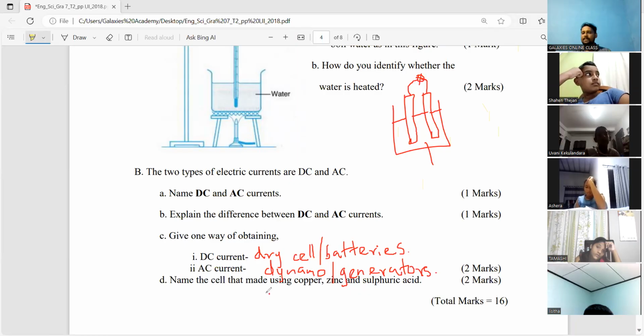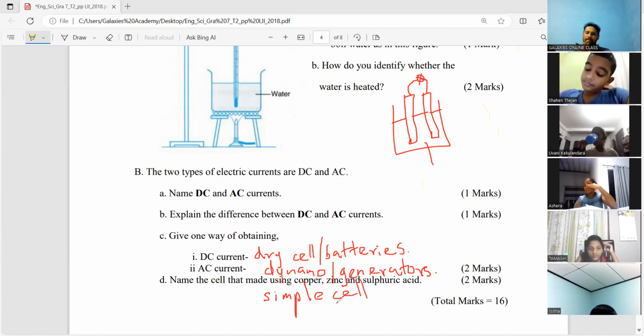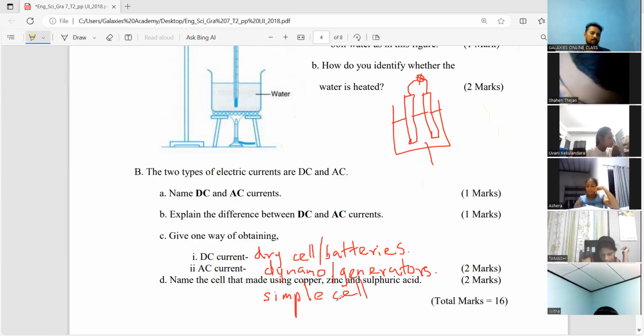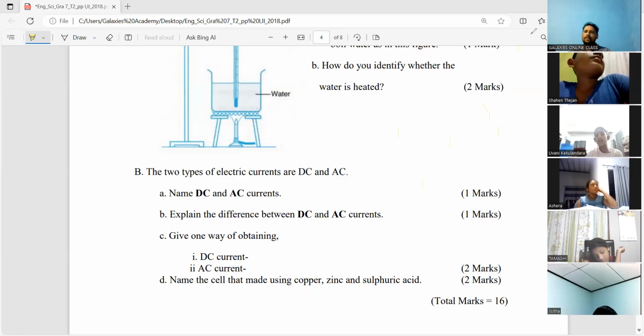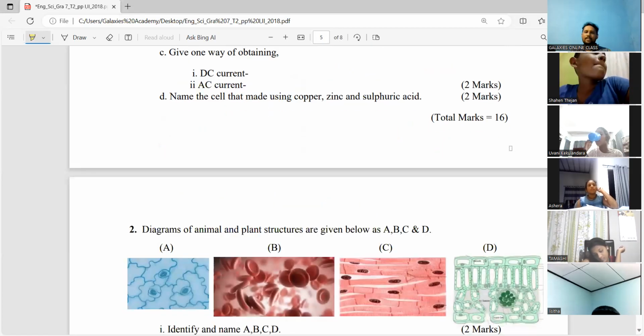What's the name of this one? Simple cell. Right, let's go to the next question. Question number 2.